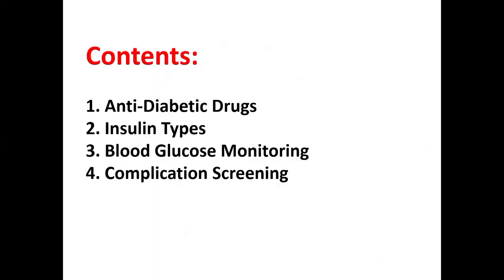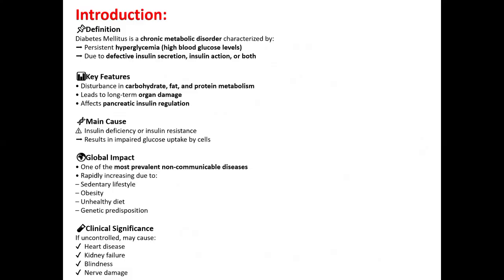Firstly, moving on to the introduction part. What is meant by diabetes mellitus? Basically, diabetes mellitus is a chronic metabolic disorder which involves a difference in the blood glucose level, persistent hyperglycemia, high or low blood glucose levels, where the normal level of sugar in the blood is not maintained by our body.